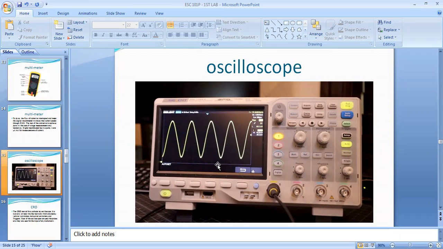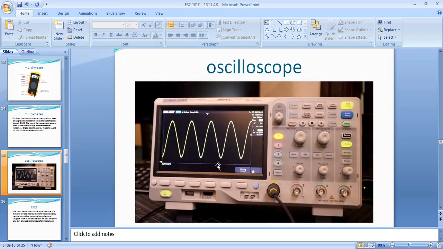Like when you are doing an experiment on the transient response of the RL circuit, you see the response of the RL circuit in the DSO.